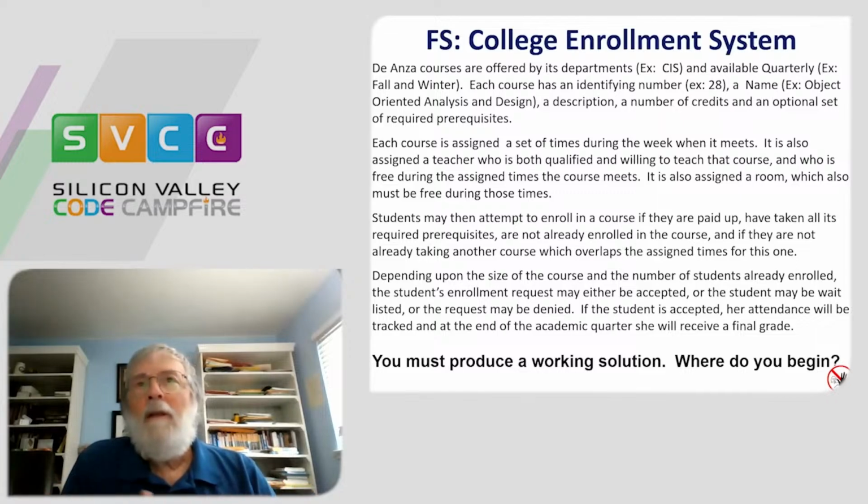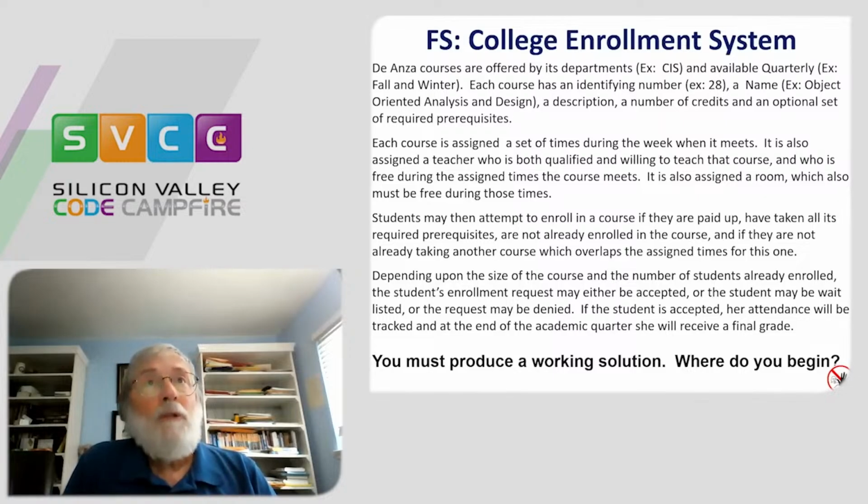Each course is assigned a set of times when it meets, and we find a teacher who is willing and able to teach that course. I'm reading this because this is the functional description of the application that we're going to be looking at. Assigned a room, students may enroll, sections can be open, waitlisted, or full. If a student is accepted, her attendance will be tracked and she will receive a final grade.